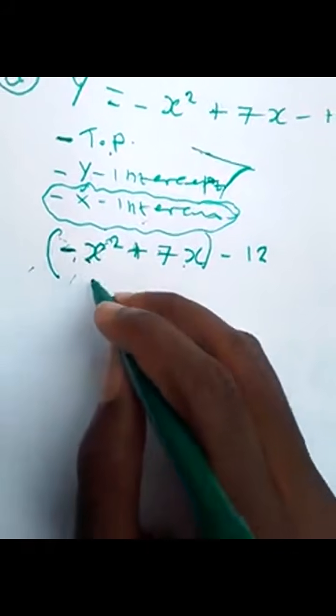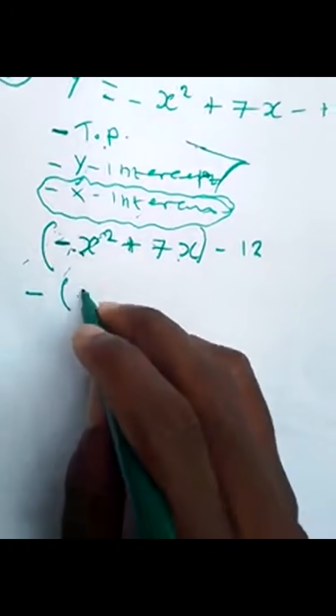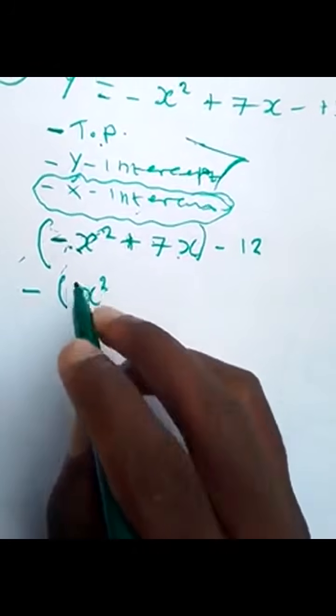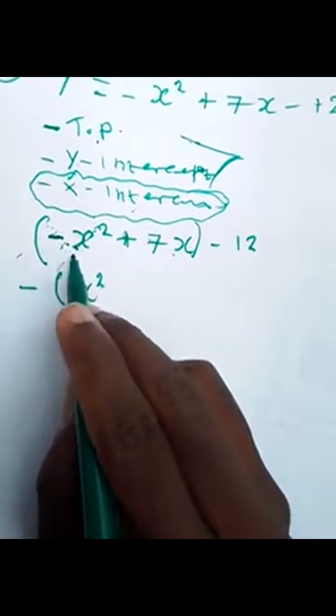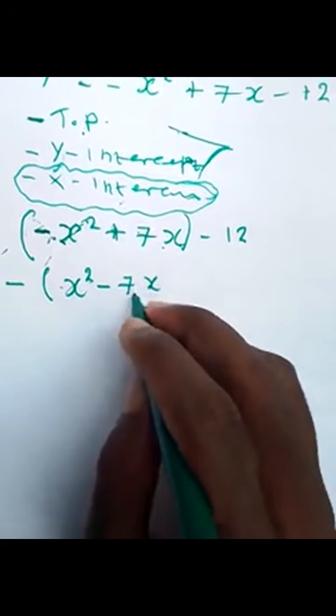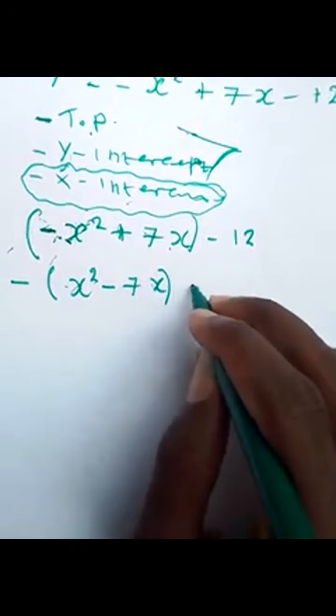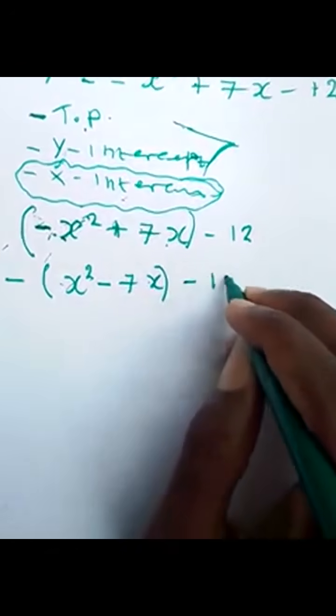I think this is Mr. Sakala's method. I'm going to factor out a negative. So I have x power 2. Remember, if I factor out a negative, we're dividing this negative throughout. So here I'll have negative 7x, then I have minus 12.